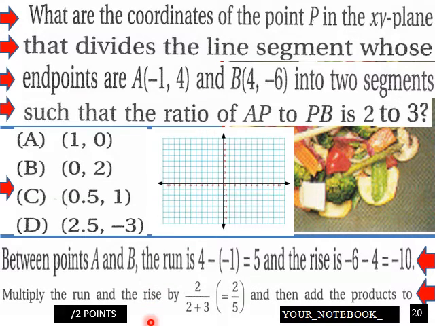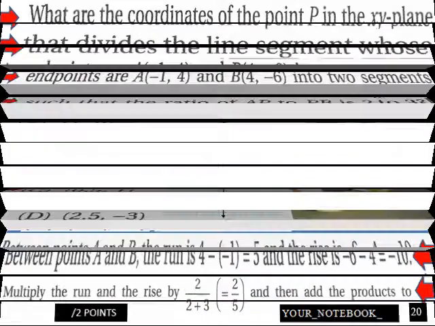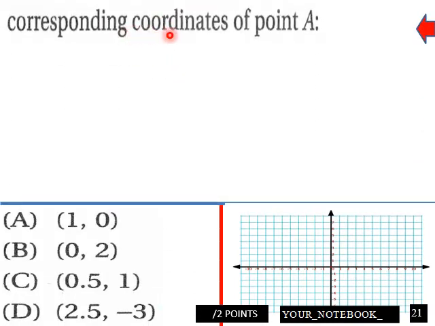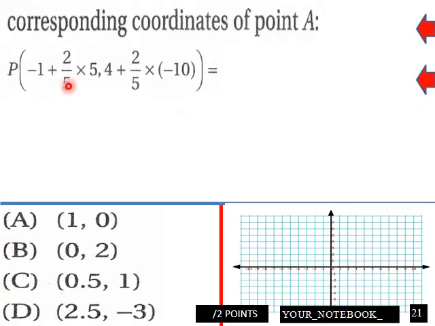We then multiply run and rise by 2 over 2 plus 3, which equals 2 over 5, and then add the corresponding coordinates of A. Here are our possibilities down here, and here is what we multiply through by after we do our division.